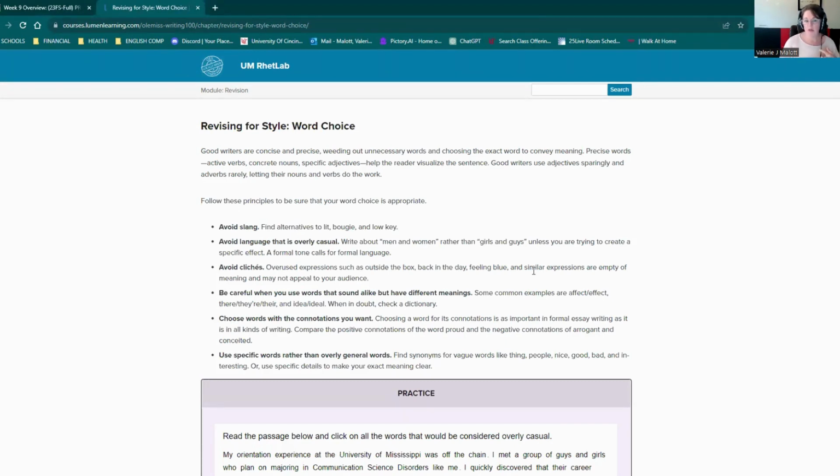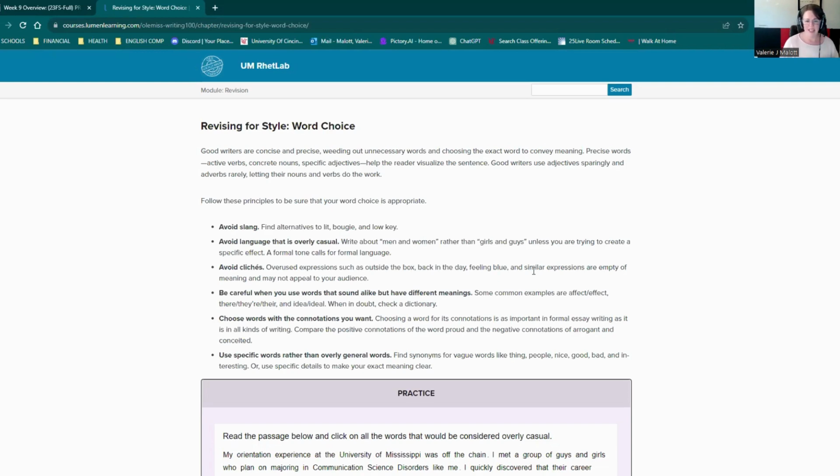You also want to avoid language that is overly casual. Now, what this means is not necessarily writing in a stiff manner or trying to mimic an overly formal language that might not be natural to you. I want you to use your own unique voice, but avoid becoming too casual. So it's a fine balance between writing with your true authentic voice, but also writing for a more formal audience.